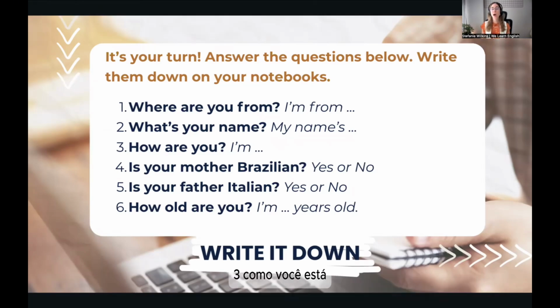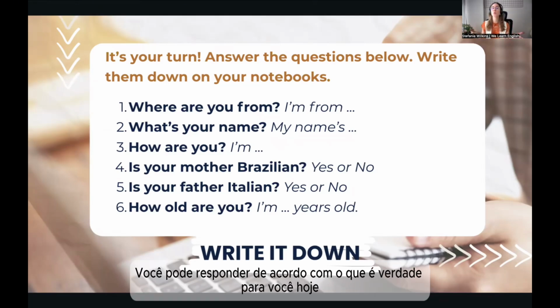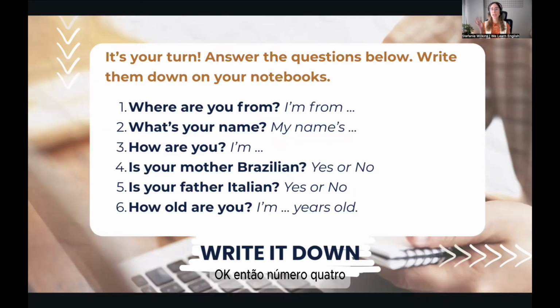Number 3, how are you? You can say, I'm fine, I'm well, I'm not so good, I'm not okay. It's okay. You can answer according to what is true for you today, okay? Then, number 4, is your mother Brazilian or is your mom Brazilian? It's also possible to hear the word mom.